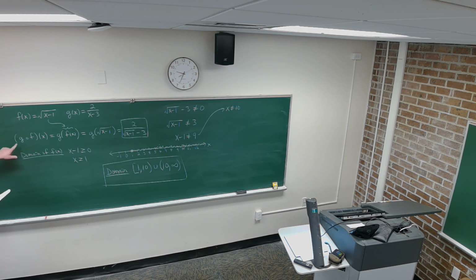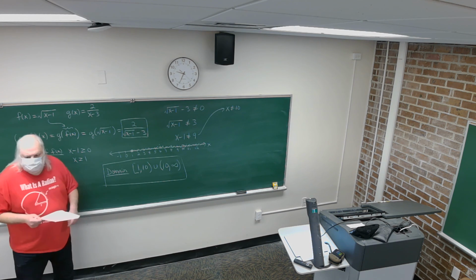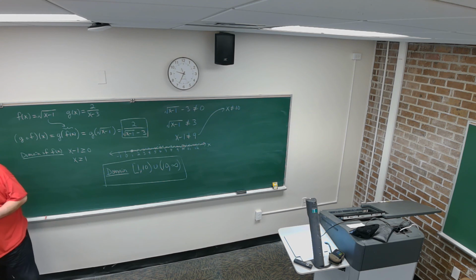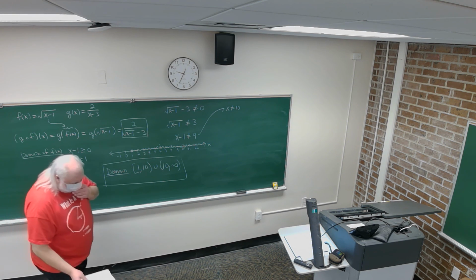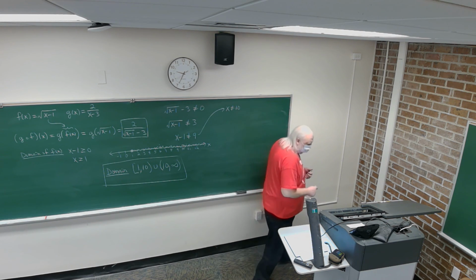That is the domain of this composite function right here. Those are the numbers you can put in for x on the right-hand side in the function. Any questions on it? So you now have everything you need to successfully complete the WebAssign homework.